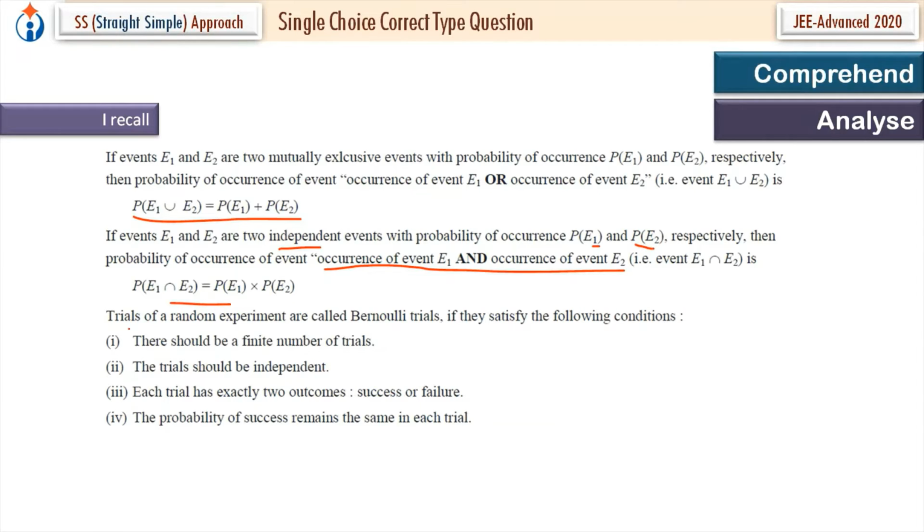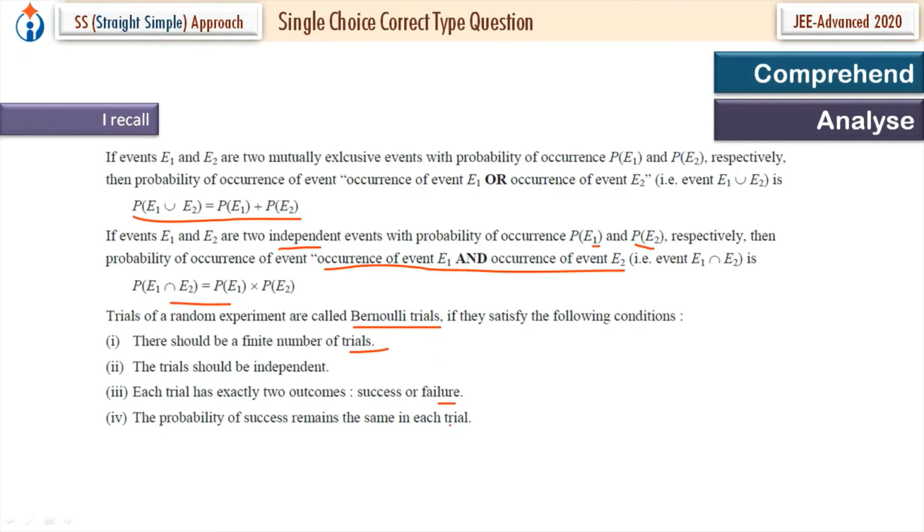Now, trials of a random experiment are called Bernoulli trials if they satisfy the following conditions. There should be a finite number of trials. The trials should be independent. Each trial has exactly two outcomes, success or failure. The probability of success remains the same in each trial.